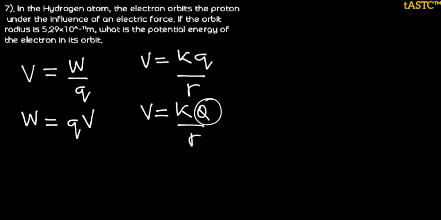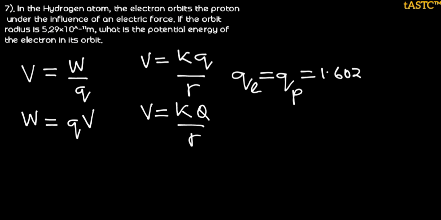Now this stands for the charge of the electron, while this stands for the charge of a proton, which is basically the same thing. So the charge of an electron is equal to the charge of a proton. So I'm going to write that as Q sub P, and that is 1.602 multiplied by 10 to the minus 19 coulombs.